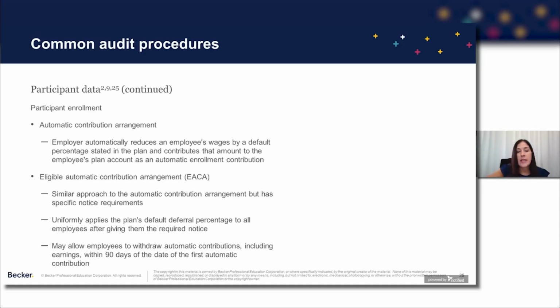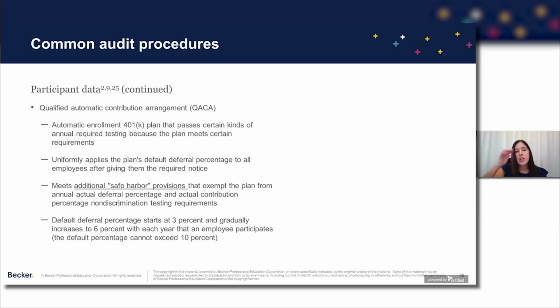So that's your EACA. Then you have your QACA, your Qualified Automatic Contribution Arrangement. And this again is similar to the EACA, but takes it to another level. You still have the same communication where everyone's automatically enrolled at that default percentage, but the QACA also has additional safe harbor provisions, which requires a contribution from the plan sponsor.